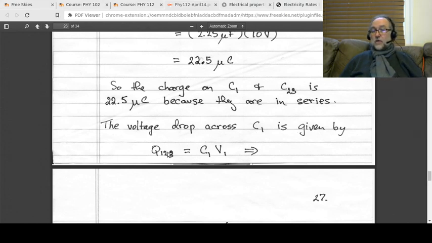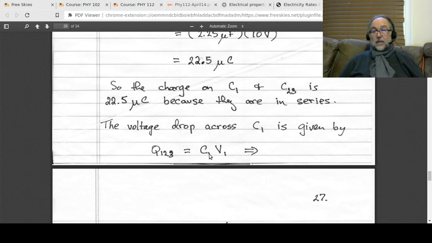Well, again, using Q is equal to CV, we know that the charge accumulated on C1, because it's in series with C23, is the same. So both C1 and C23 accumulate 22.5 microcoulombs. In series, the charges on both capacitors are the same. We just said that, okay? So we know that the charge on C1 is the same as the charge on C123.